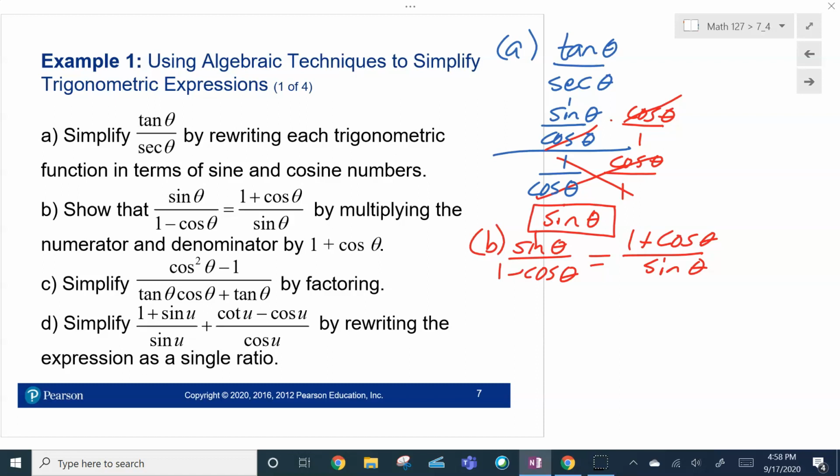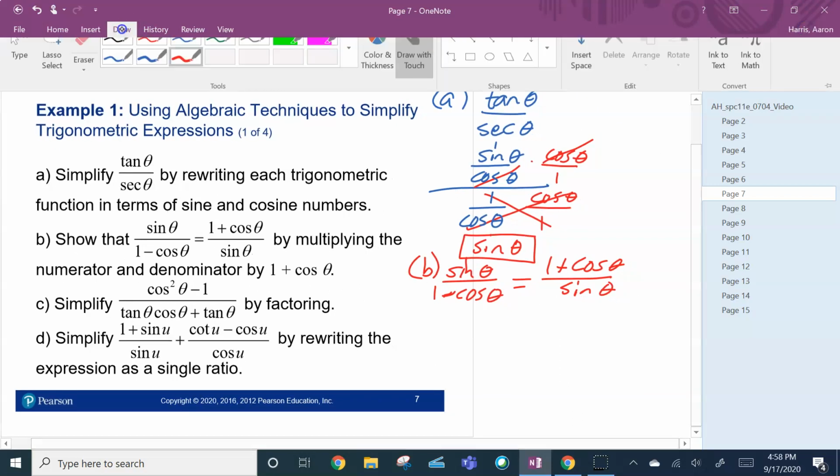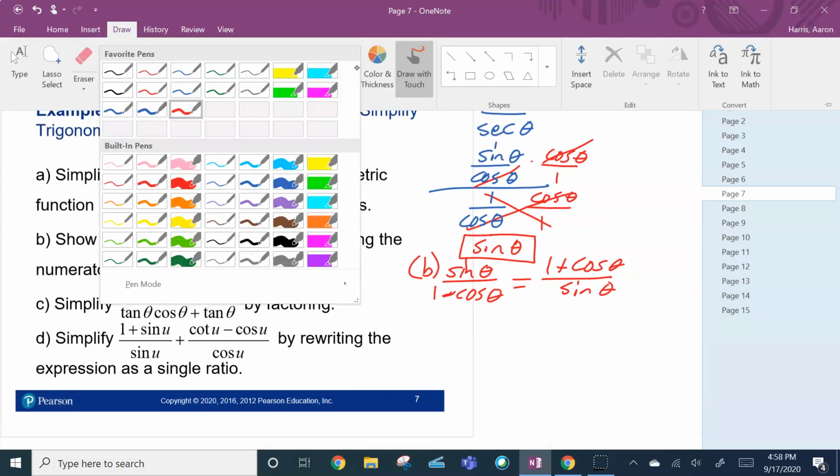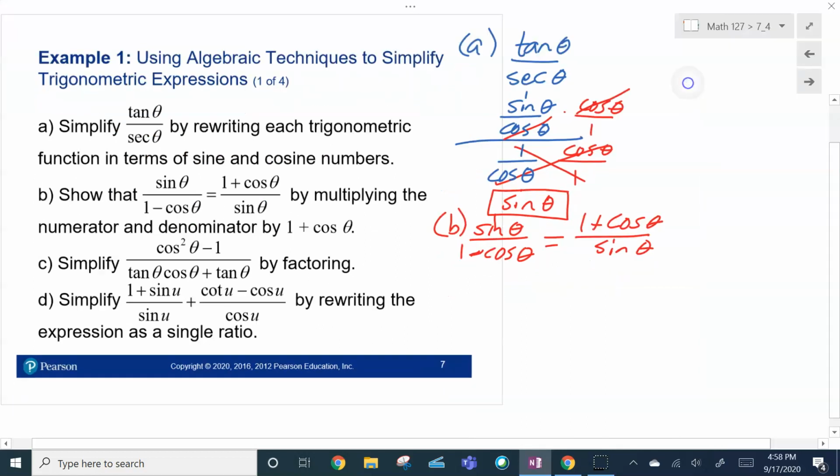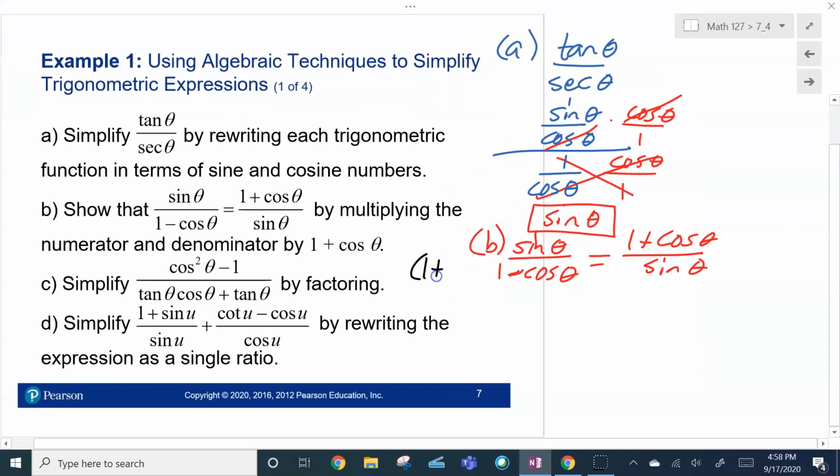I'm going to multiply by the conjugate of 1 minus cosine theta. The conjugate just changes the sign between the two terms, so it is 1 plus cosine theta. Well, I can't all of a sudden do that. That means I have to do it to the top too. So 1 plus cosine theta.